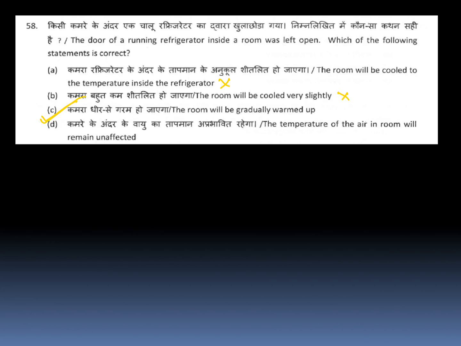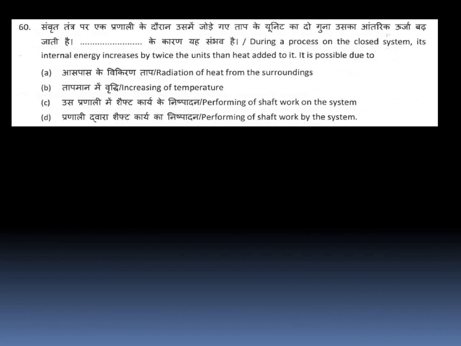Question is, during a process on the closed system, if internal energy increases by twice the units, then heat added to it, it's possible due to closed system, del Q equal to del E plus del W. Internal energy increases by twice units. See, if heat added is 1 unit, Q is positive, and internal energy is increasing, so it's also positive, 2 times.